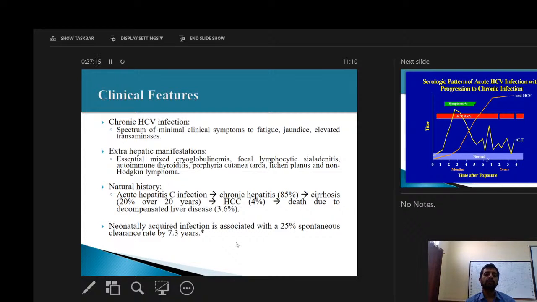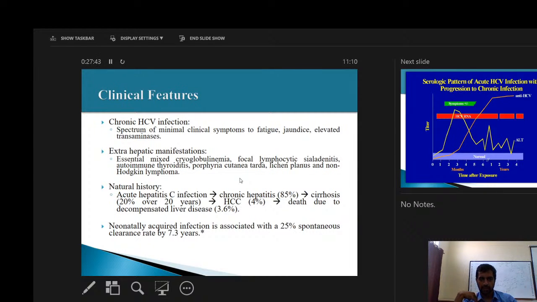So now we'll see the extrahepatic manifestations. Why I have spoken about that pathogenesis, now you'll understand. So one is essential mixed cryoglobulinemia. What is this? Cryoglobulins are IgM or IgG antibodies produced in excess that get precipitated everywhere in the blood vessels. So why is there excessive production of these antibodies?